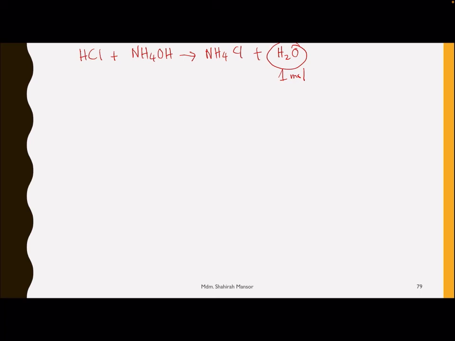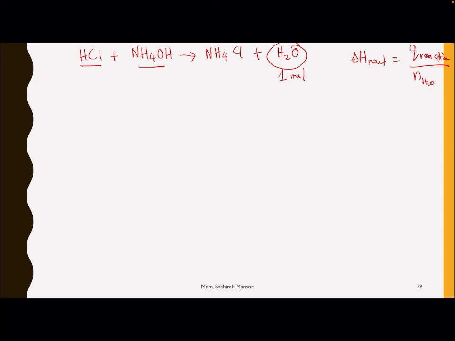Now, in order to find delta H neutralization, the formula will be Q reaction over n of water. So do we have n of water in this question? The answer is no. We didn't have any mass of water that could lead us to find the n of water. So in order to get the n of water, you must get it from the reactants.